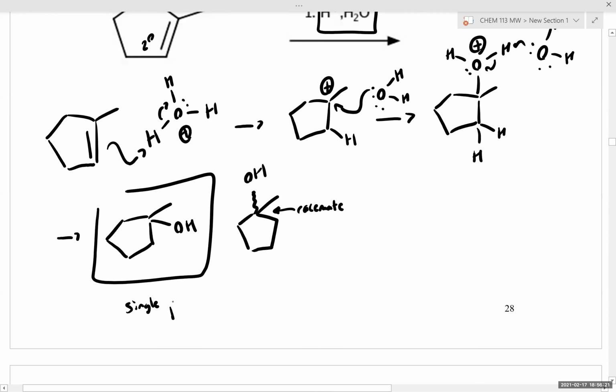Would anyone like to explain why we get a single product here, looking at this structure? What's special about this structure?